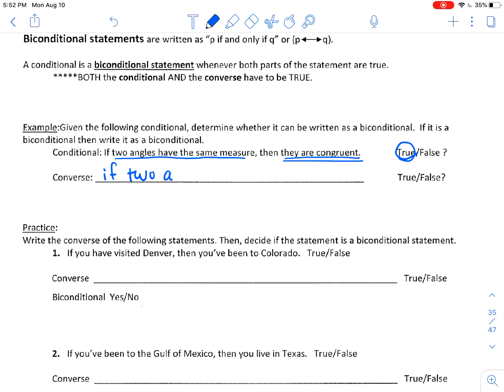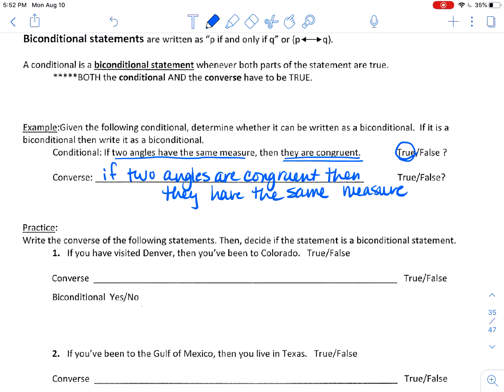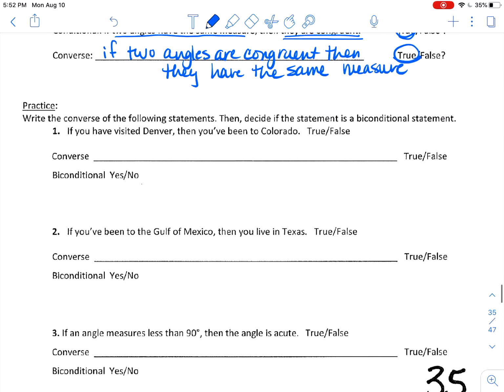If 2 angles are congruent, then they have the same measure. Now, is that true or false? Well, if 2 angles are congruent, congruent means the same, then they have the same measure. That's true. Both the conditional and the converse are true, so this is a biconditional statement.